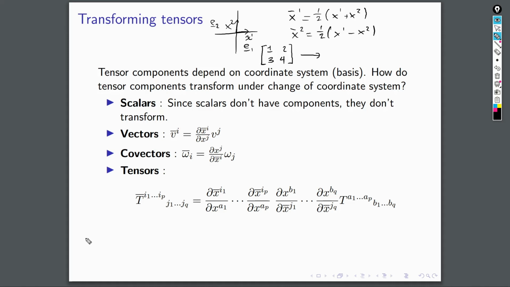Okay, well, let's do it here. So we'll call this guy M. Okay, M is a matrix. It's a 1, 1 tensor, right?